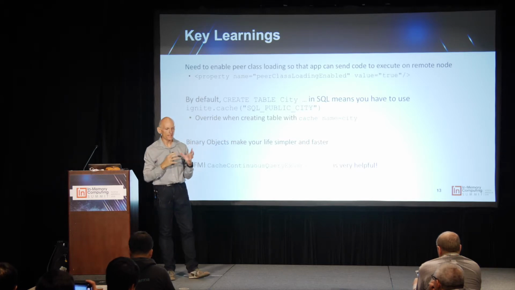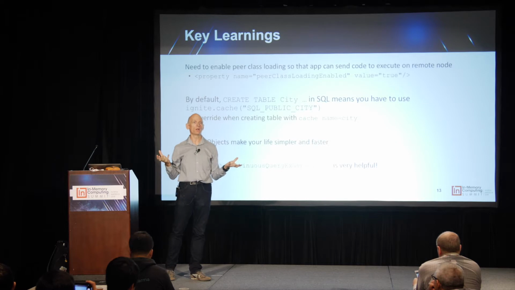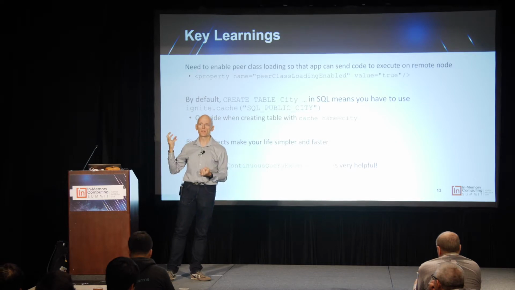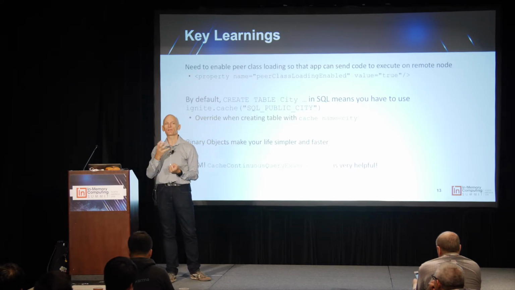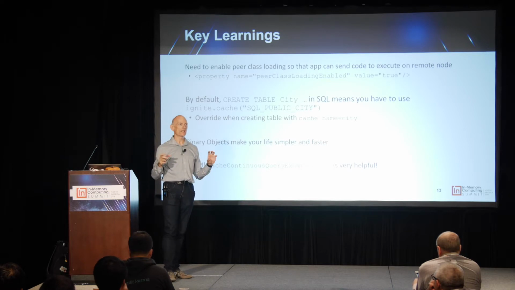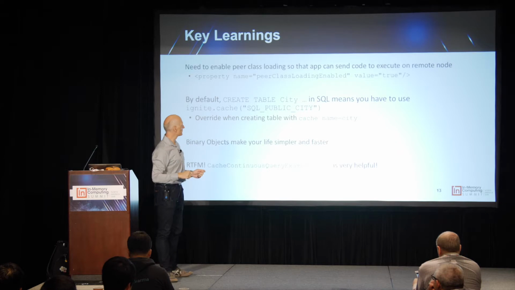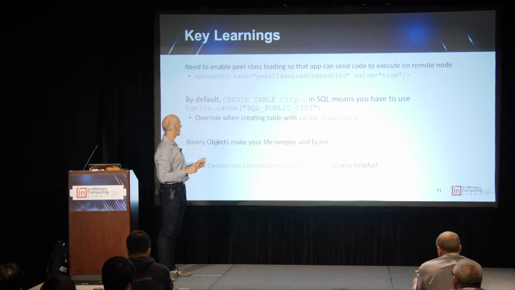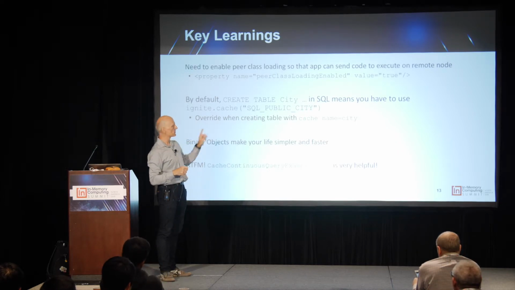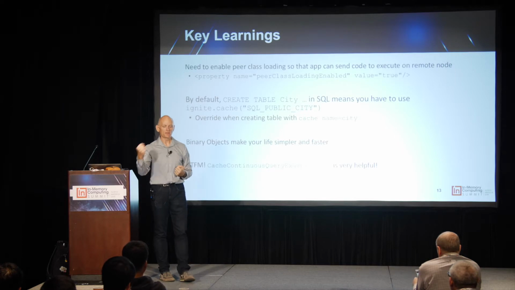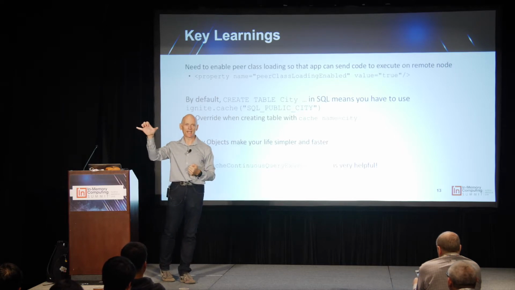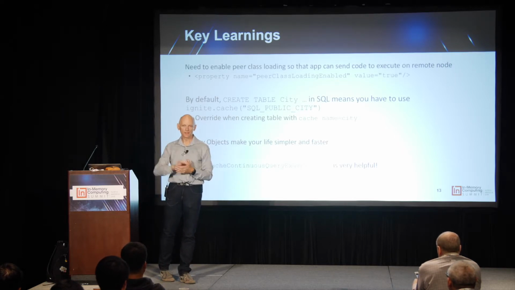When you start creating tables via SQL and then trying to use them from the Java APIs, you'll notice that the names get munged on the way through. So if you create a table called city, and then you have to refer to SQL_public_city, until you realize that you can override that by setting the cache name explicitly.